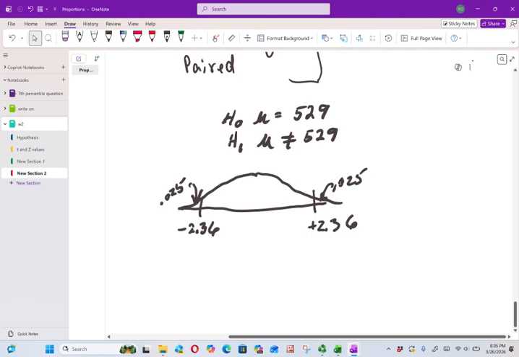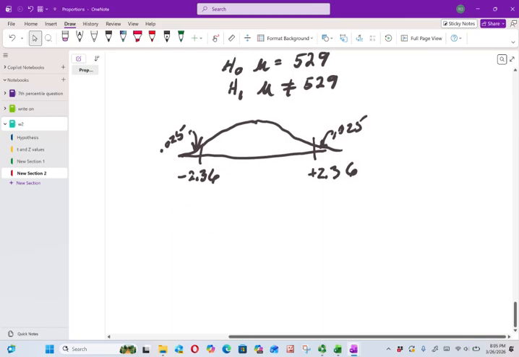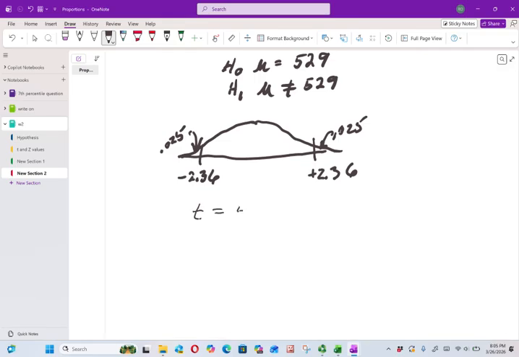The t statistic is how far the sample average is from the hypothesized average measured in standard deviations. So the t statistic is equal to the sample mean, 570.88 minus 529, and then divide that by the standard error of 42.56.